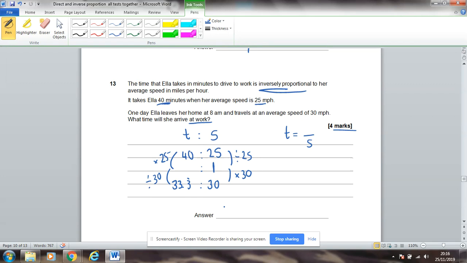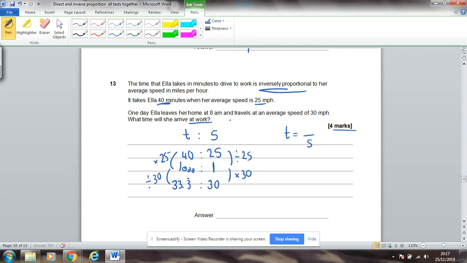I think I've just put in my calculator wrong. Oh no, I've not. So 40 times 25, divide by 30, 33.3. Now you can put in the answer in between, so 40 times 25 is 1,000. You don't necessarily need to do that.